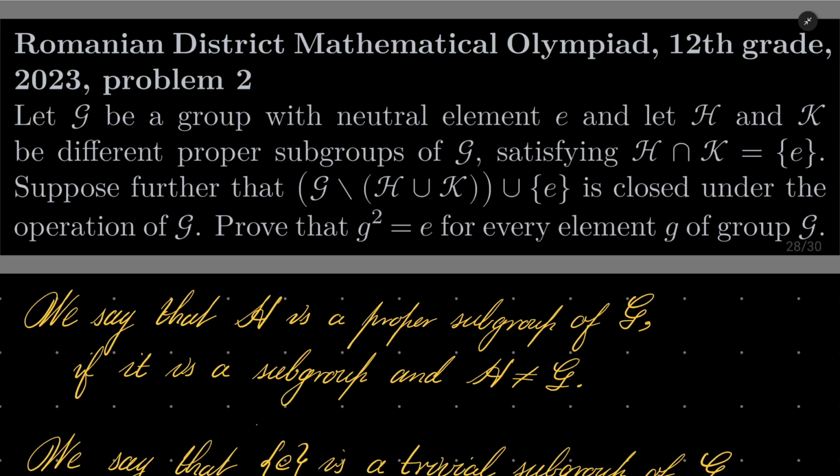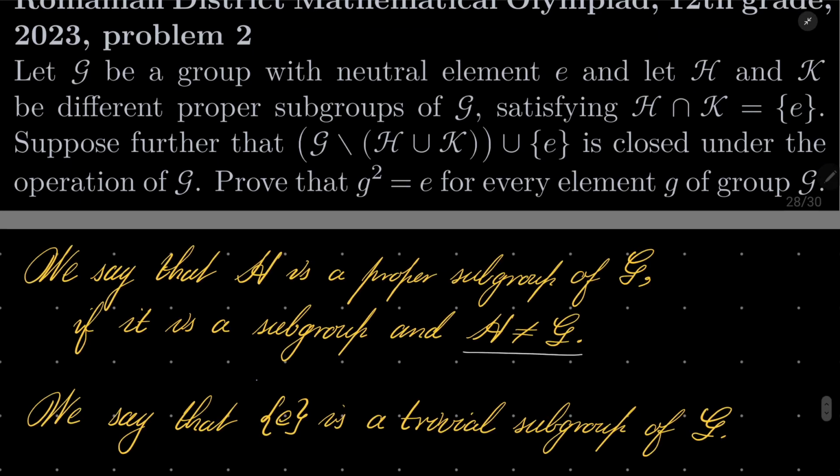We say that H is a proper subgroup of G if it is a subgroup and it's not equal to the entire group G. Some authors give a further constraint that it's not trivial, but I just take this definition that a subgroup is proper if it's not the entire group, and we say that a group containing only the neutral element is a trivial subgroup of G. Also, in the original formulation of the problem, it was missing that H and K should be different.